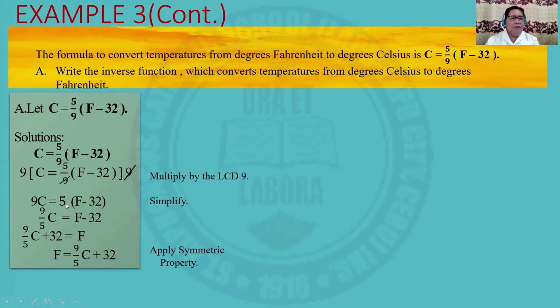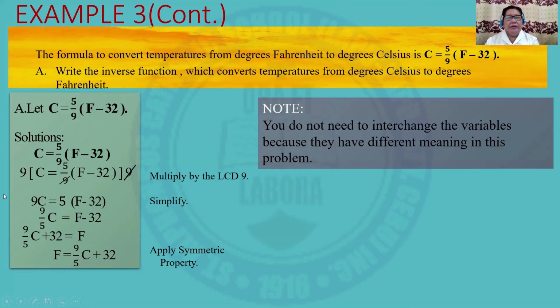Then divide the other side by 5, so you will have 9/5 C equals F minus 32. Then transpose negative 32, so you will have positive 32. Then you will have F equals 9/5 C plus 32.